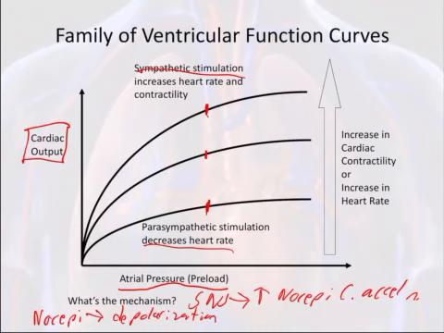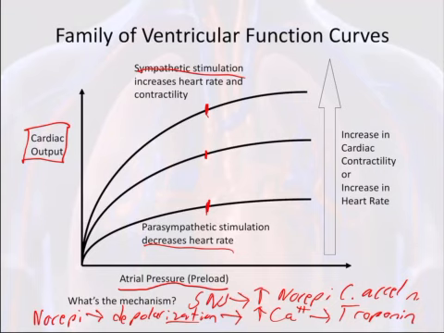Okay, and we talked about how that is partially from the sodium, but it's also partially because we have an increase in calcium influx. Right, so calcium goes in. So what else does that calcium do besides depolarize the membrane? It also goes in and binds to troponin.